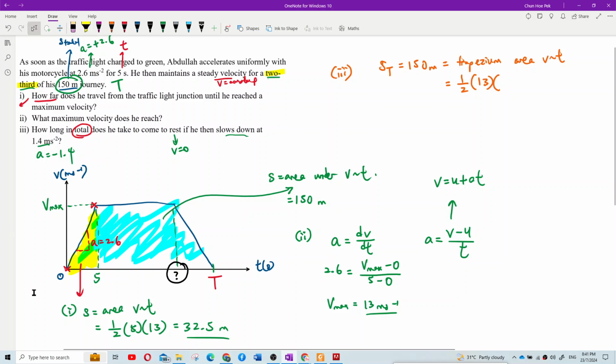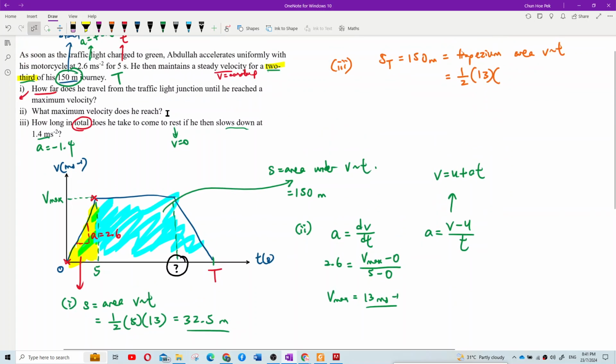So it is T, the total time. The total time is the answer. I don't know this one and I also don't know that one. The total time here, I don't know. This is crucial. I need this. So how?